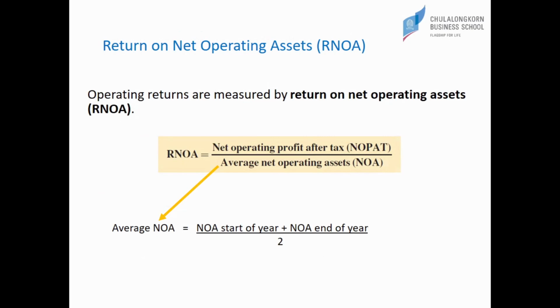How it looks is pretty similar to the regular ROA, but the difference is that we are only focusing on the profit from the operation, and also focusing on the operating assets, not total assets.